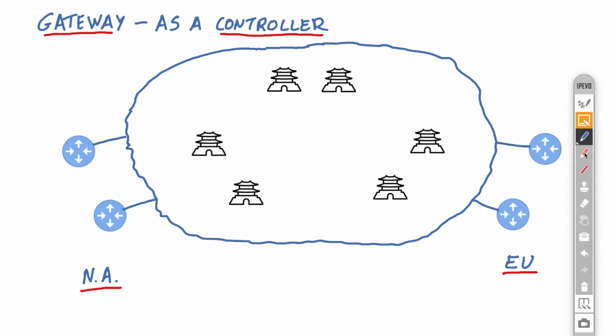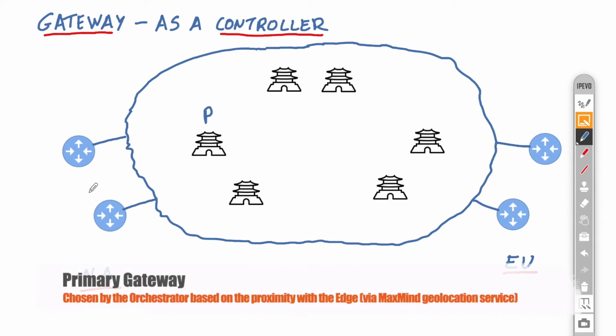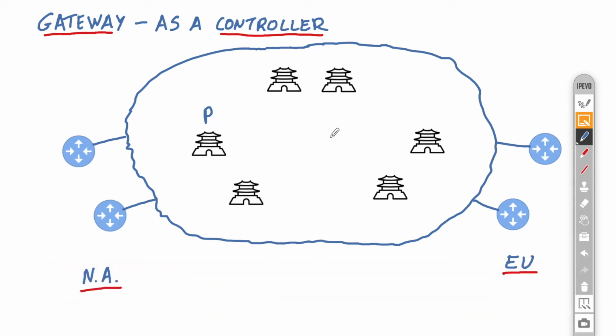when the edge registers to the orchestrator the first time, the orchestrator will assign a gateway, acting as a primary. Now, that is actually the gateway geographically closest to the edge. So for example, this gateway here can serve as primary for these two edges, but these gateways here being hosted in Europe actually are closer to these ones here.